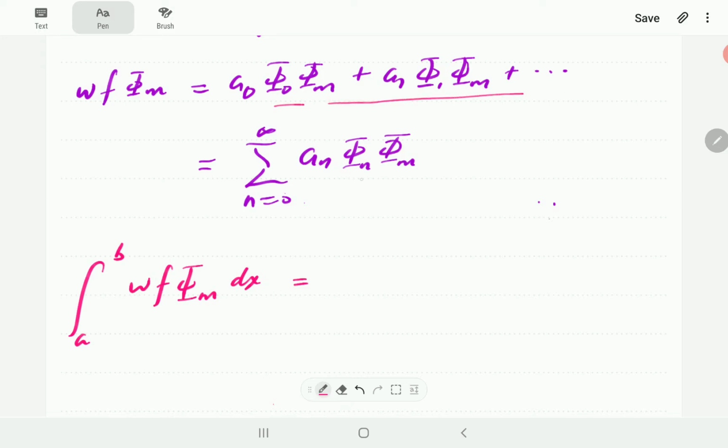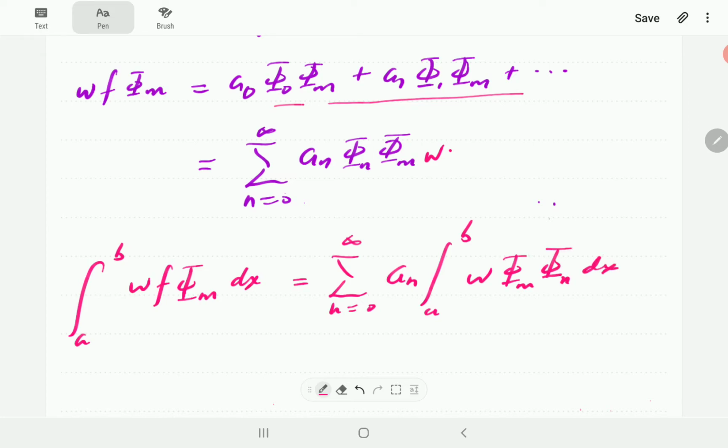I'm just going to do it in the shorter summation version. So this is going to be an times the integral from a to b of, sorry, there is supposed to be w there, so w phi m times phi n dx.